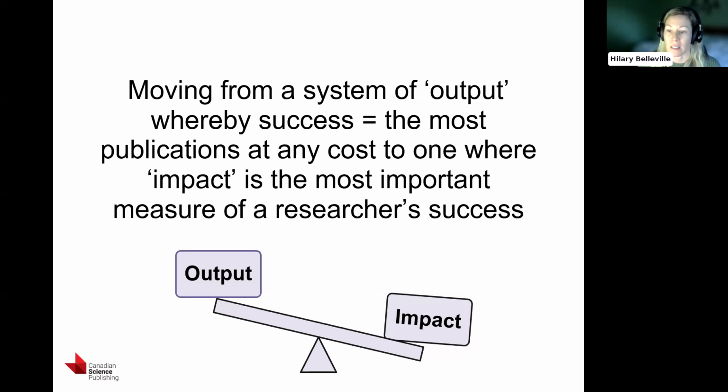So as you can imagine, this bubble finally burst with numerous cases of fraud, dodgy science, image manipulation, and overstated conclusions making headlines. So now institutions, publishers, and researchers themselves are moving from a system that measures research excellence by output to one that recognizes impact.